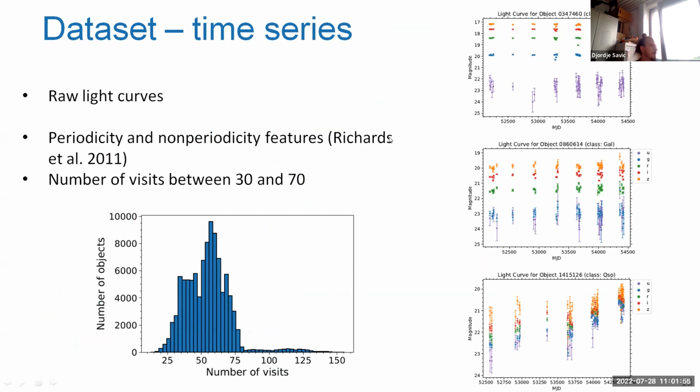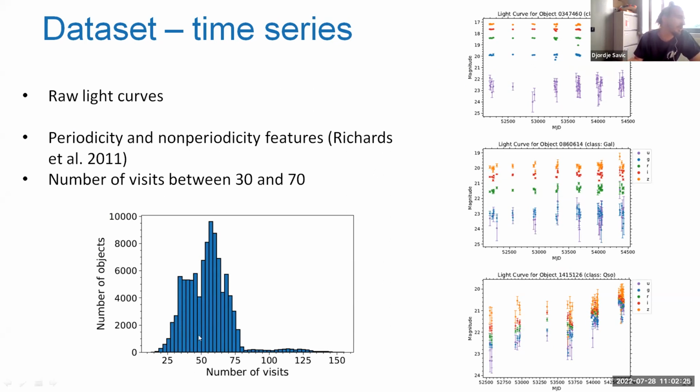An important part is the addition of time series. Basically, we have raw light curves here in the 5 bands, U, G, R, I, and Z. And also there have been a number of parameters that were engineered from the raw light curves, simply because of the number of visits.